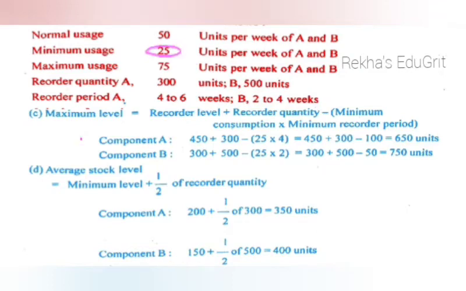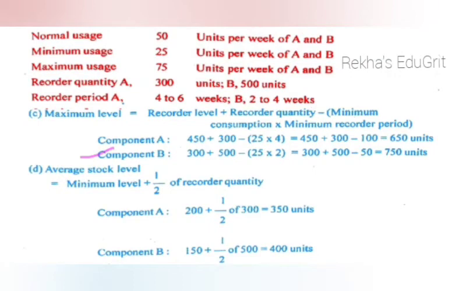First we calculate for A. 25 into the minimum reorder period, which for component A is 4. 25 into 4 is 100. Then the reorder level is 450, which we calculated earlier, and the reorder quantity is 300 for A. Then minus 100, we'll get 650 units.